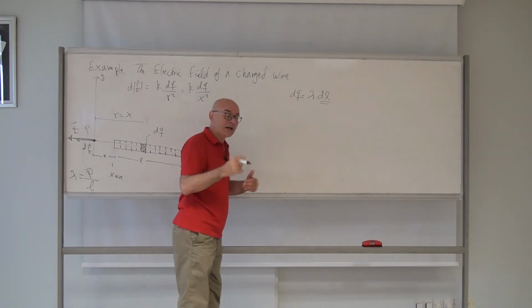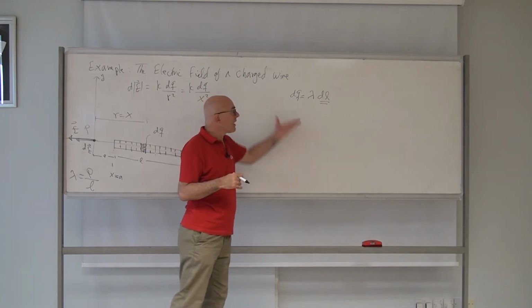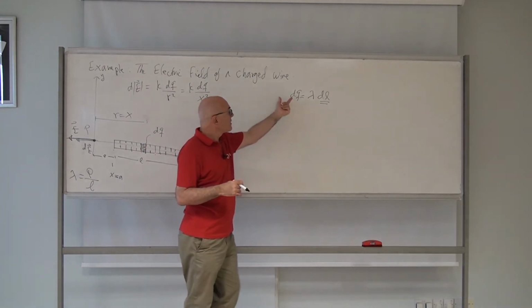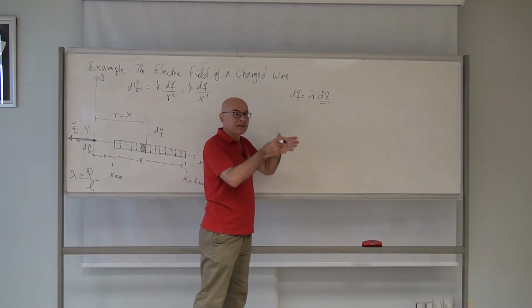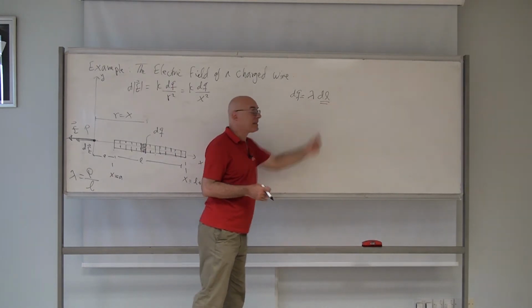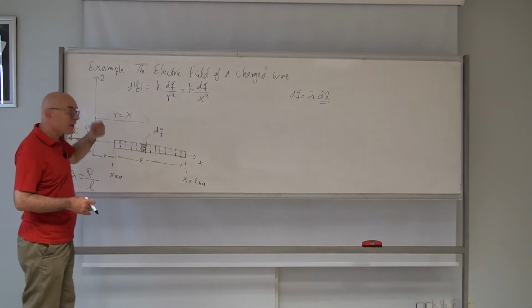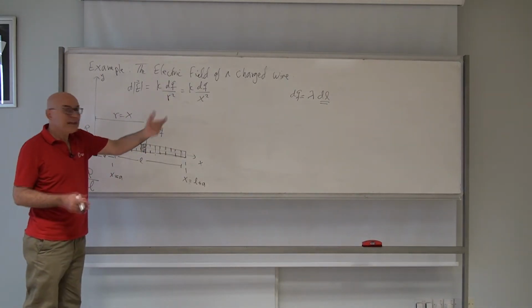If you go back to the lecture, you will see that dq, the charge on a part of the wire of length dl, is equal to the linear charge density multiplied by this dl.